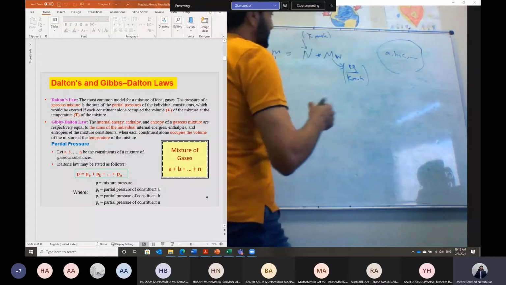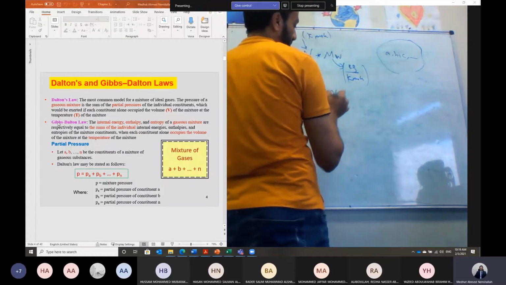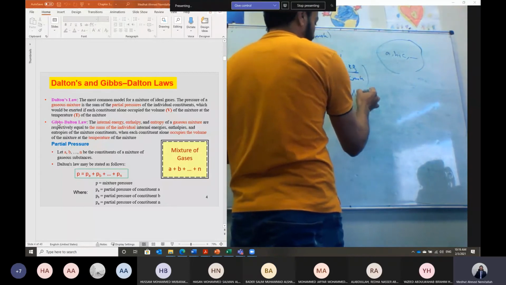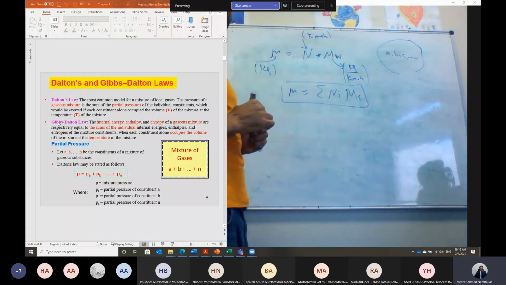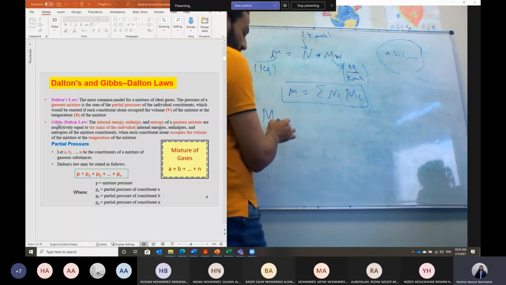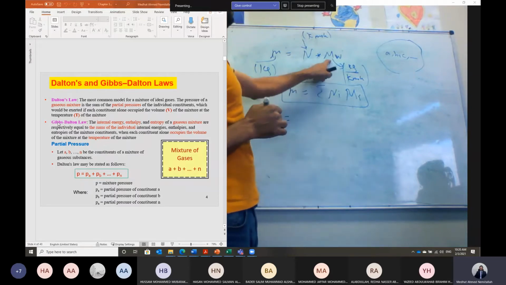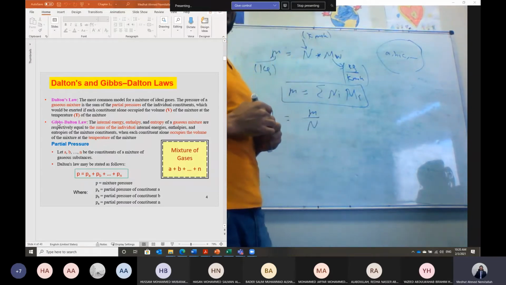Okay. So if we have a gas mixture, that means the mass should equal the summation of Ni multiplied by the molecular weight of each species. This is the mass in this case. And if we have a gas mixture, we can calculate the molecular weight of this gas mixture. Molecular weight will equal mass divided by the number of moles.